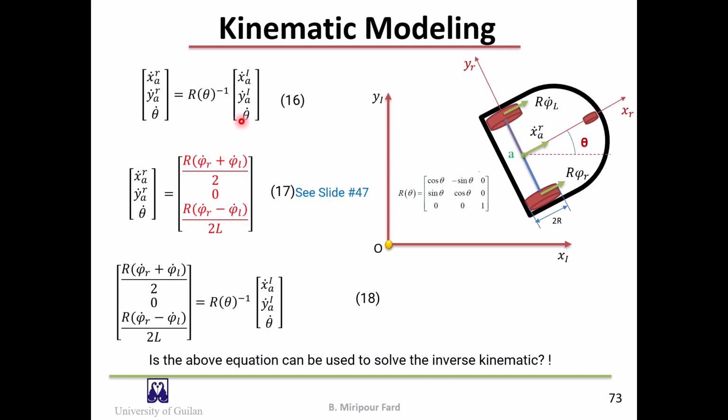We already know that the x component of the velocity of the center point A in the robot frame is equal to R multiplied by the average of phi dot R plus phi dot L. The y component is equal to 0, and angular velocity is equal to R times phi dot R minus phi dot L over 2L. So finally, equation 18 is obtained.